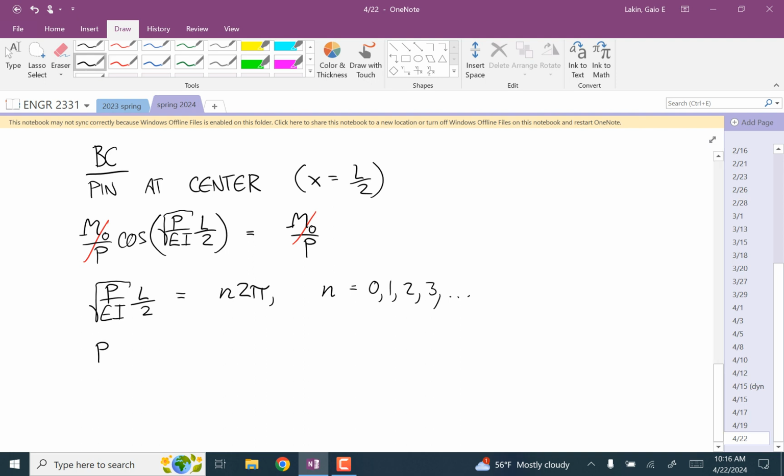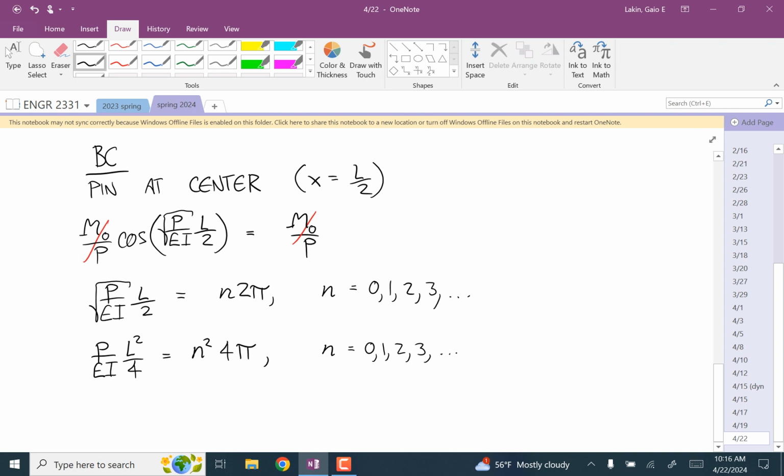Square both sides, you get P over EI times L squared over 4 is equal to n squared times 4 times pi squared.